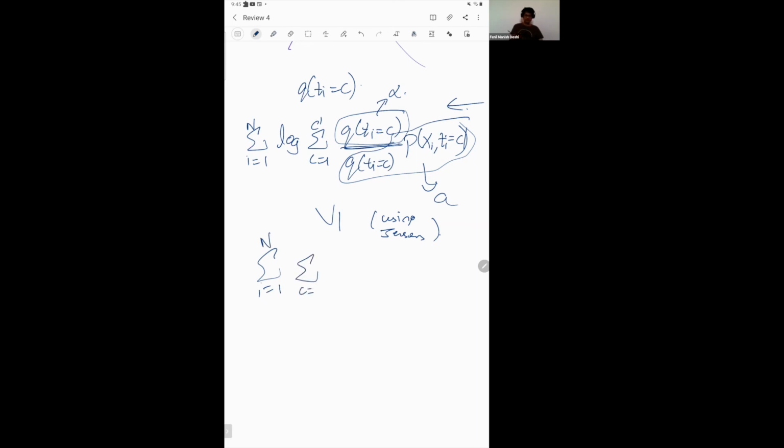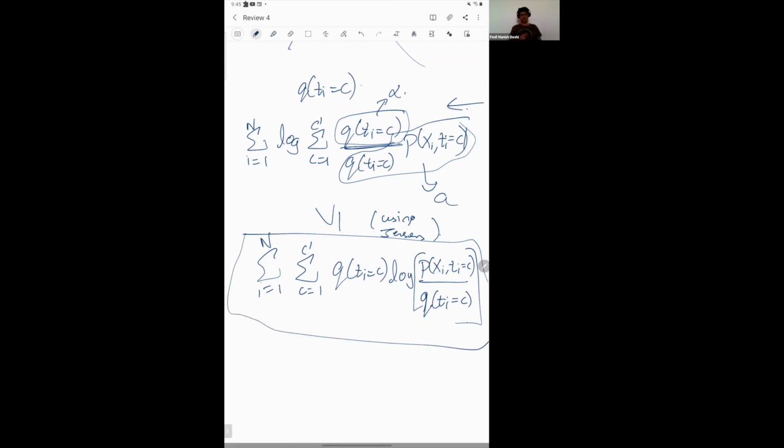So log is our function here, and again, since it's concave, we would have the summation from c equals 1 to c dash, alpha i would come outside, and then the function of all a i's. So this is our lower bound for the discrete case.